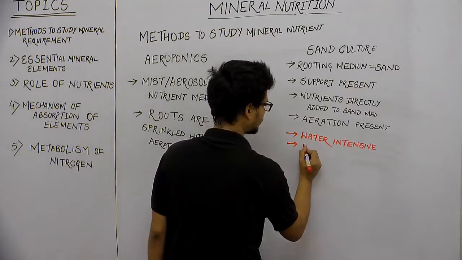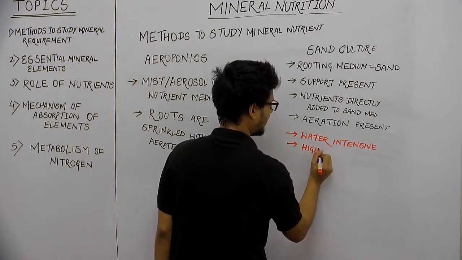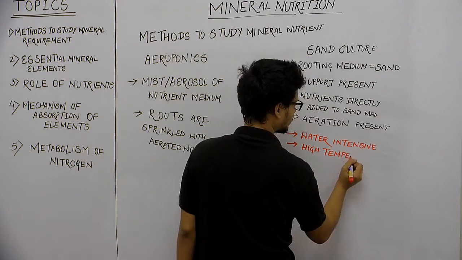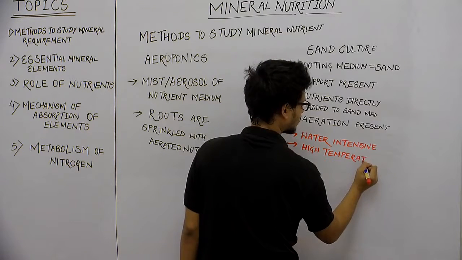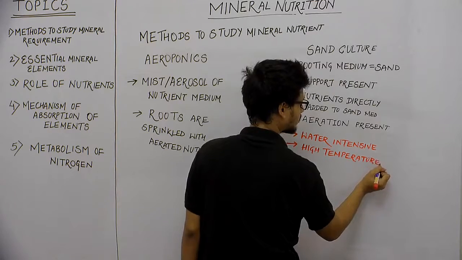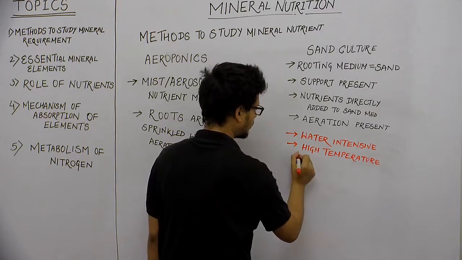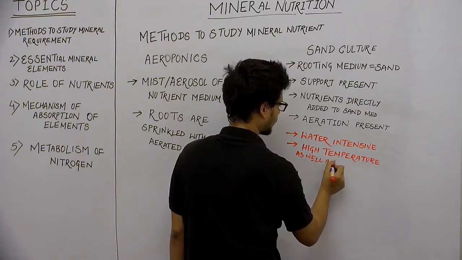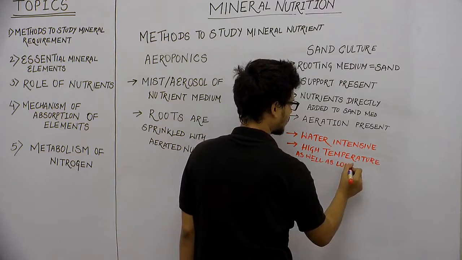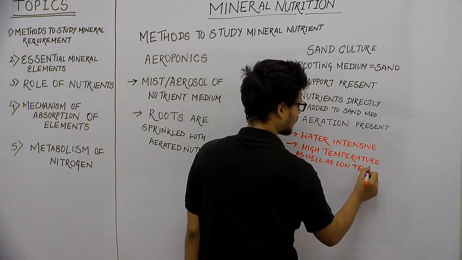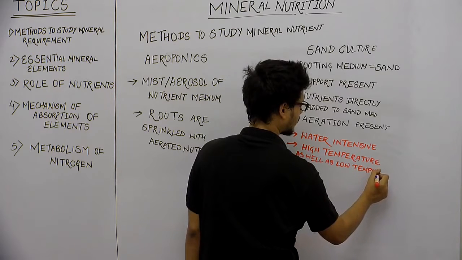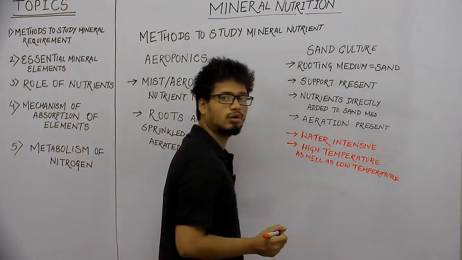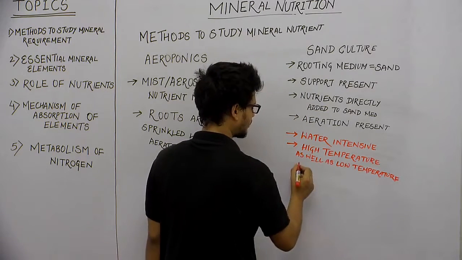So high temperatures, as well as low temperature, can cause harm to the plant tissues.